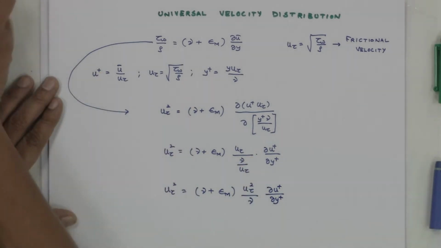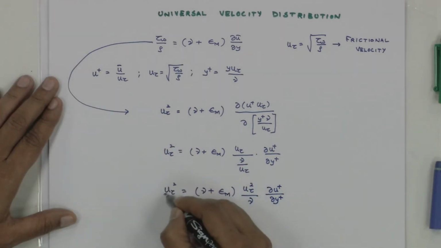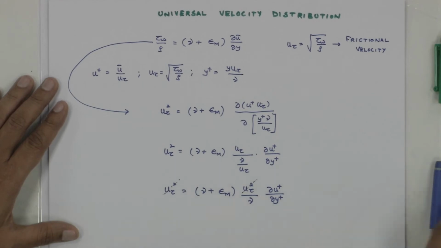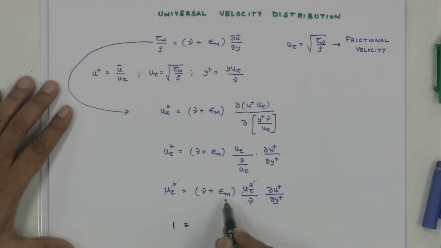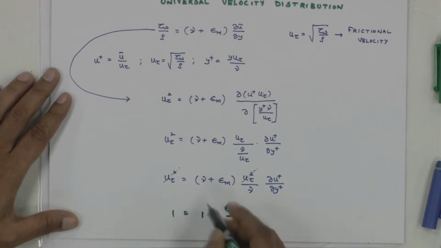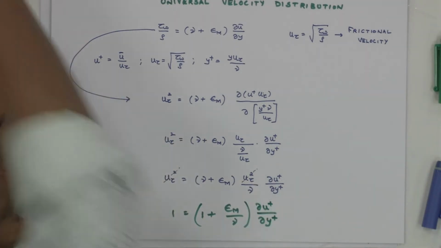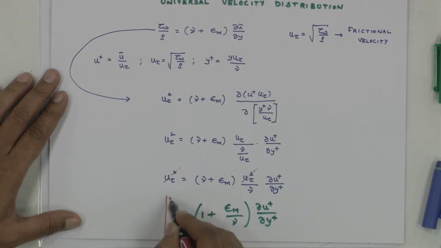So this u tau squared cancels out with u tau squared, and the left hand side will be 1 equal to, if I divide by nu, (1 plus epsilon m by nu) whole bracket into del u plus by del y plus. Okay, so this is my basic equation.